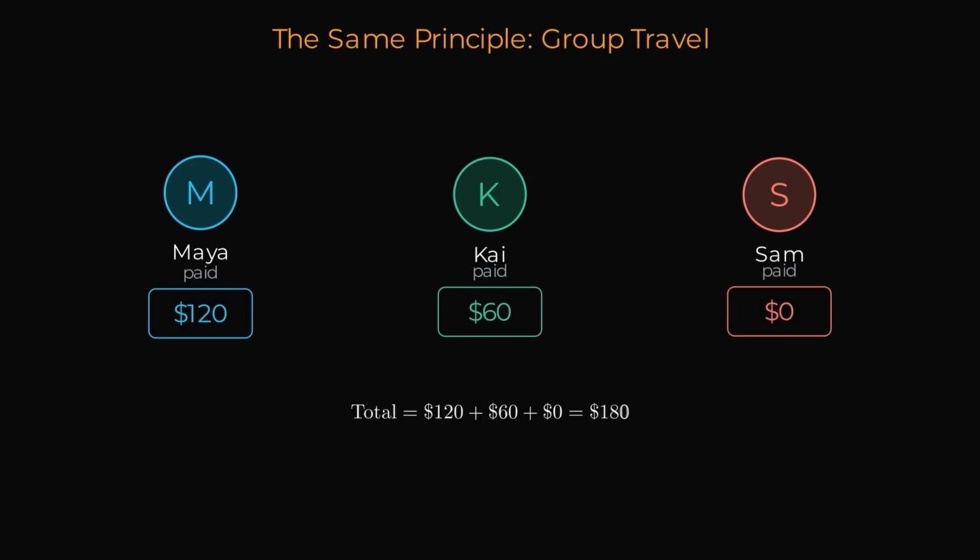Total expenses, 120 plus 60 plus 0, $180. 3 people. Each person's fair share, 180 divided by 3 is $60. Everyone owes $60 of the trip's total cost.